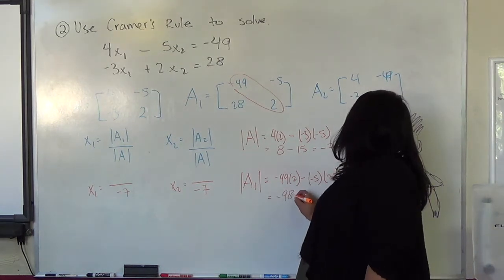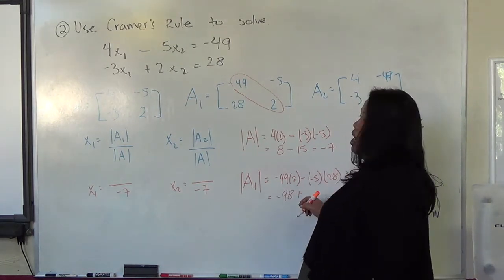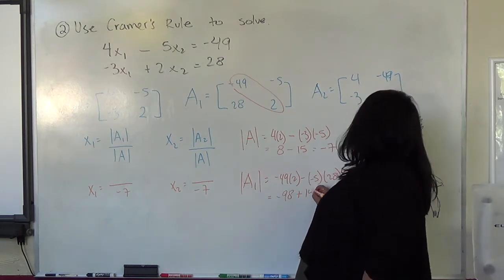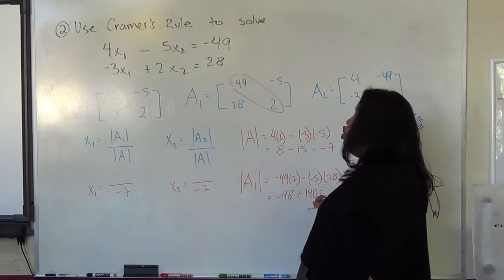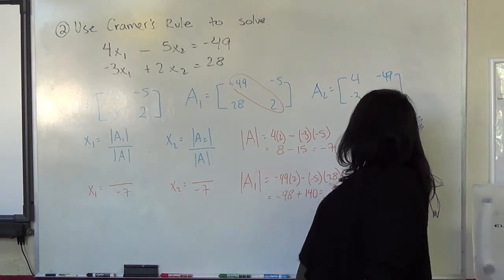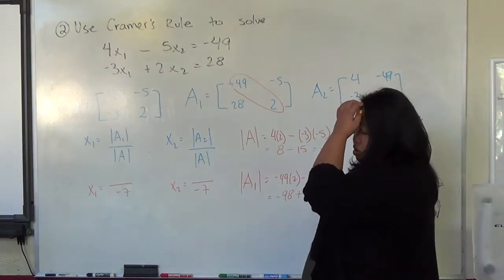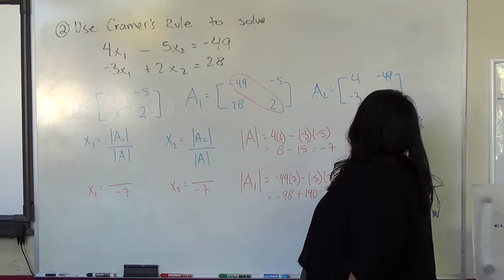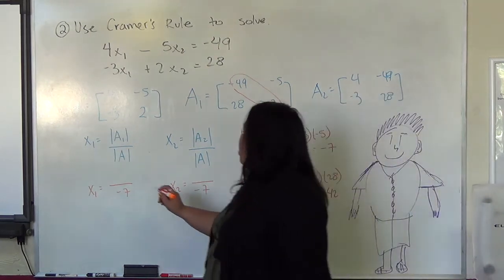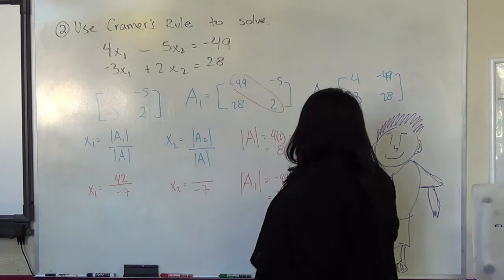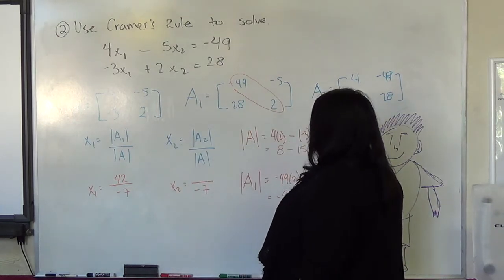Negative 98 plus 5 times 28, which is 140. Then negative 98 plus 140 is 42. So this is 42 over negative 7, which equals negative 6.